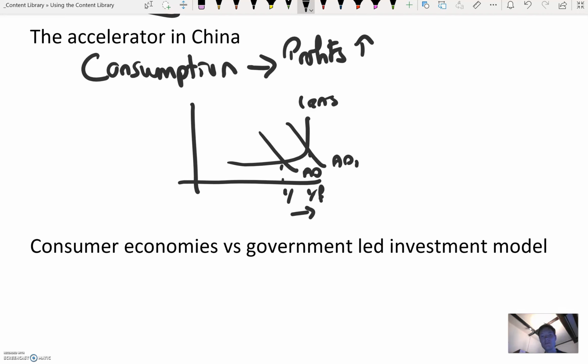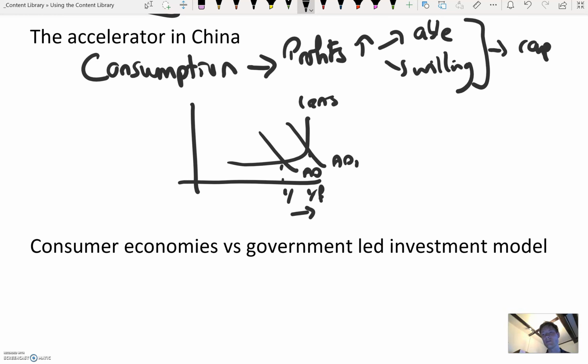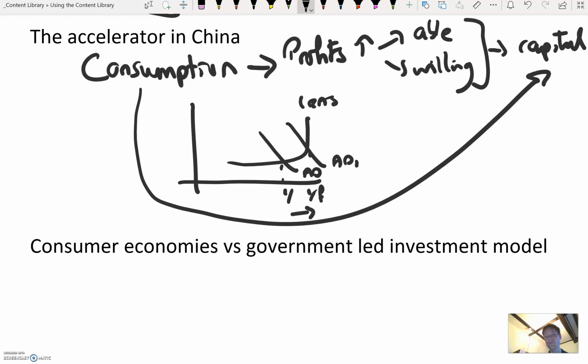In anticipation of profits rising and AD shifting right, you are going to therefore need to invest to expand your business. And so you're going to see firms becoming more able and more willing to buy capital, and so they're going to start spending on capital. And so we can say then that from consumption, there is a link over to capital.